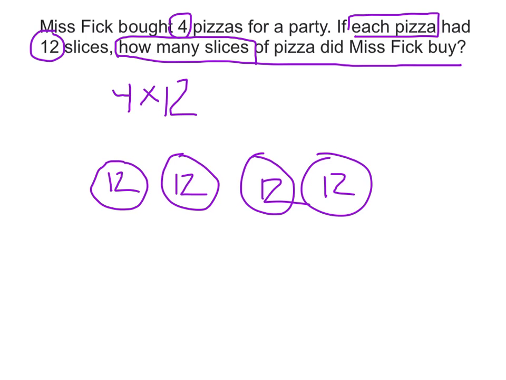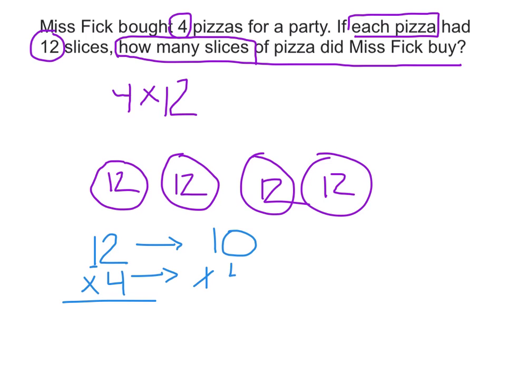We also learned a strategy yesterday where we can rewrite the order of my factors, 12 times 4, and we can use the break apart strategy where I take the value of my 1, and I know it's not really a 1, it's worth 10, and I can multiply that by 4.